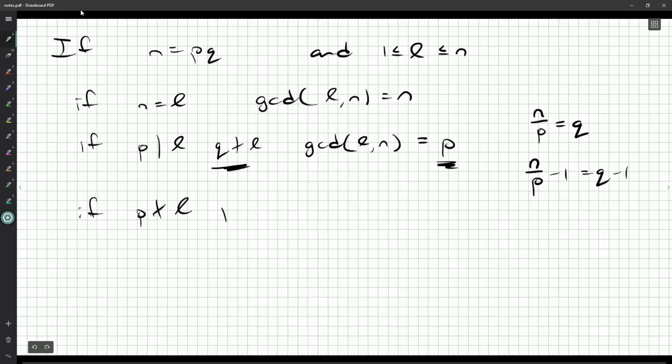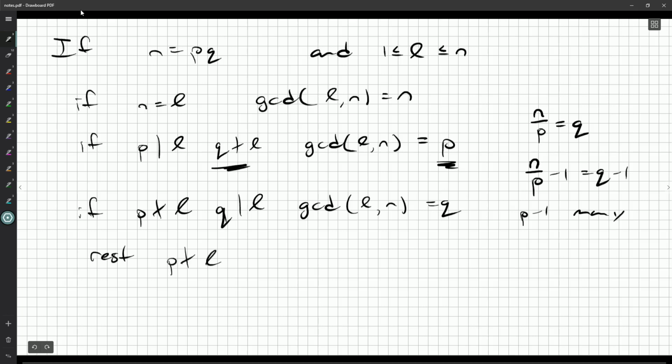Similarly, if we let Q be the only factor of L, there's going to be P minus 1 many of those that have the GCD of L and N be equal to Q. And then the rest have P not divide L and Q not divide L. So the GCD is 1. So I think we can get a formula here.